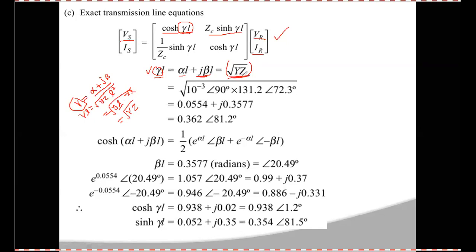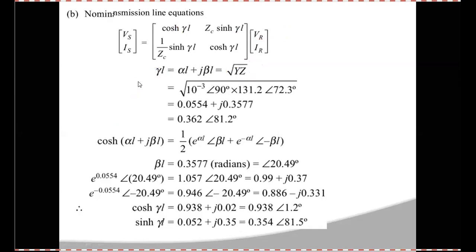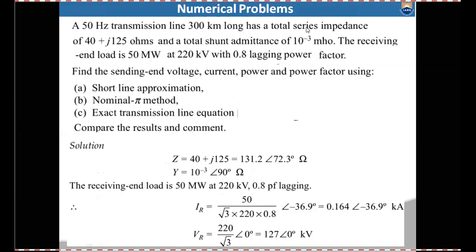So this gamma L you have to find out first. You know the values of capital Y and capital Z, which are given in the problem itself. The total series impedance Z is given as 40 plus j125 ohms, and the total admittance is 10 power minus 3 mho.